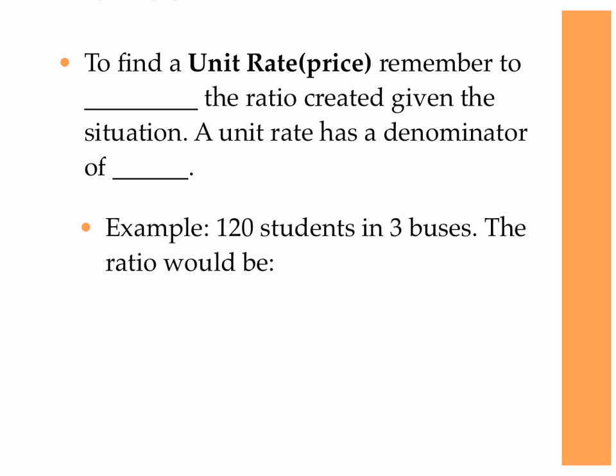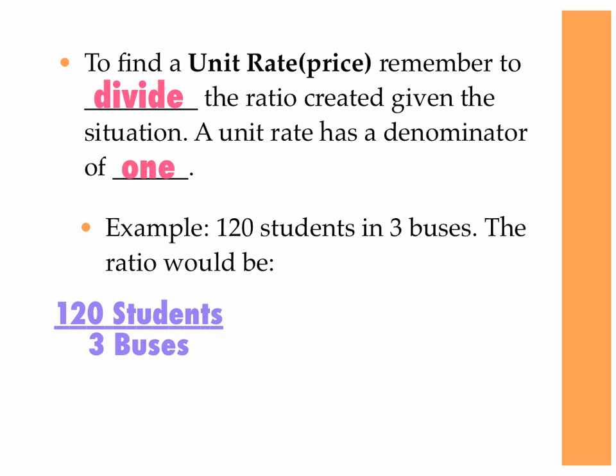This says to find a unit rate or unit price, remember to divide the ratio created given the situation. A unit rate has a denominator of 1. An example of this says there's 120 students in 3 buses. The original ratio would be 120 students to 3 buses.